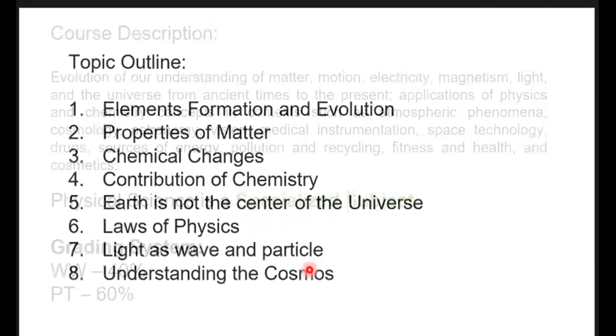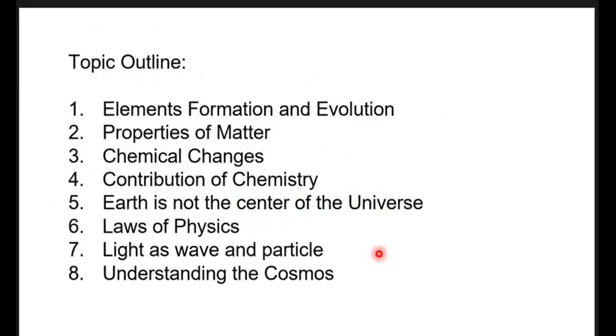In the topic outline of physical science, these are the concepts that we will be discussing throughout the course: the elements formation and evolution, the properties of matter, the chemical changes, contribution of chemistry, Earth is not the center of the universe, the laws of physics, light as a wave and particle, and understanding the cosmos.